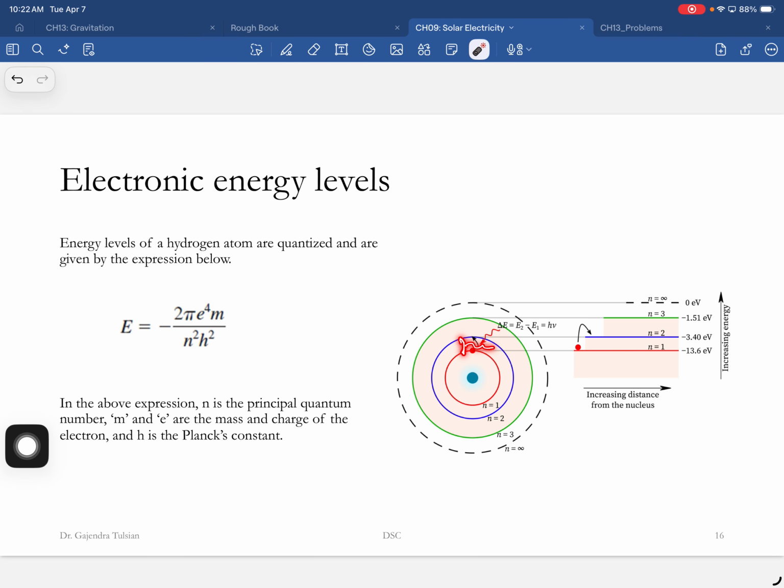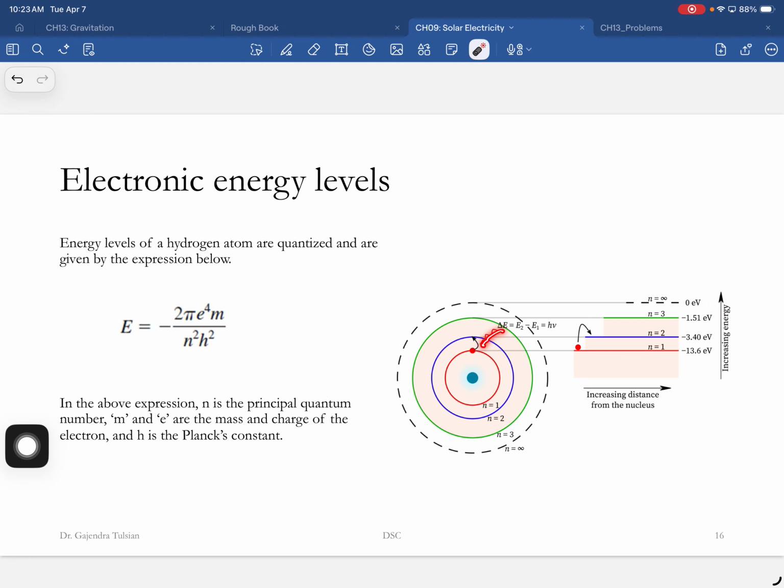So here are the energies in terms of the quantum number: n equal to 1, n equal to 2, n equal to 3.